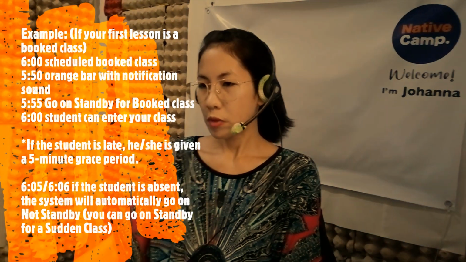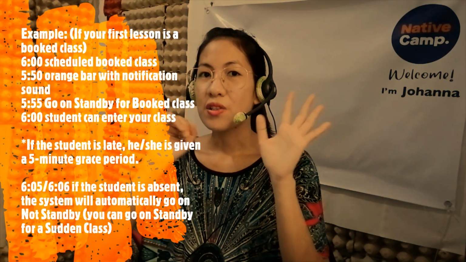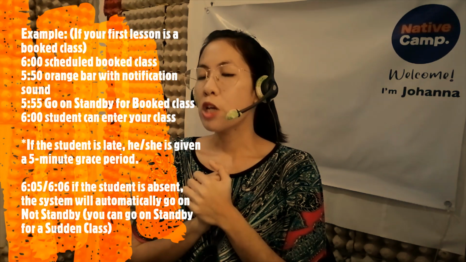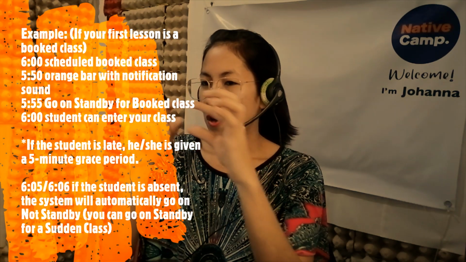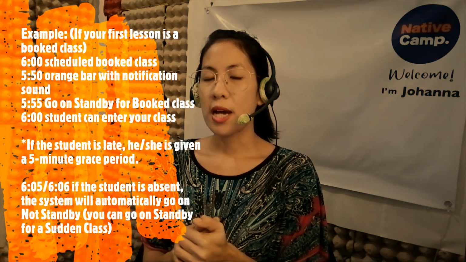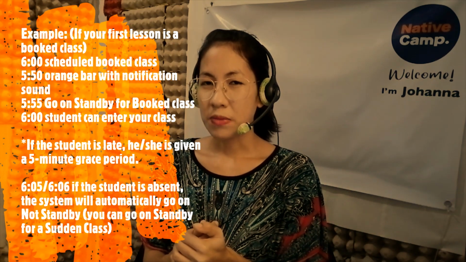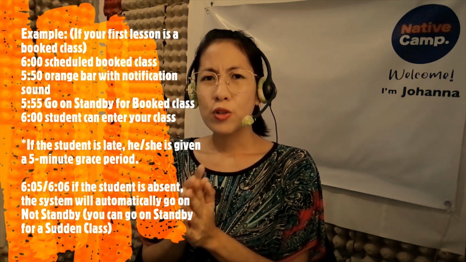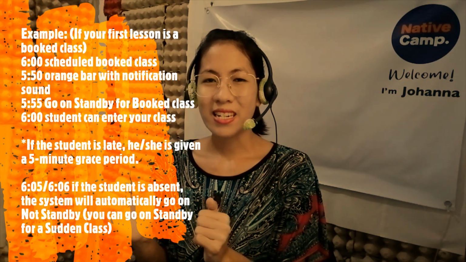For example, your reserved class is at 6 p.m. The notification or the orange bar will be there 10 minutes before. So that would be 5:50. Do not go on standby yet.